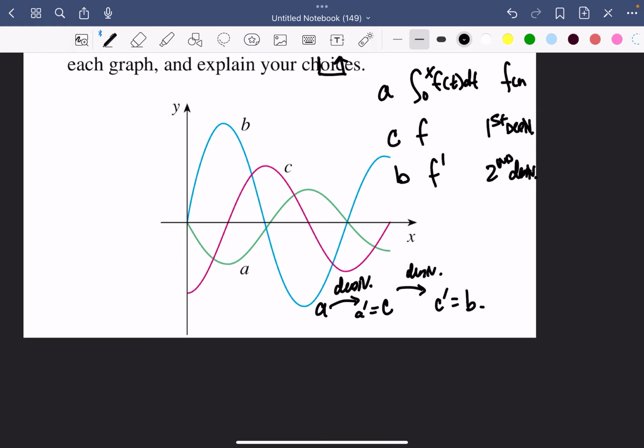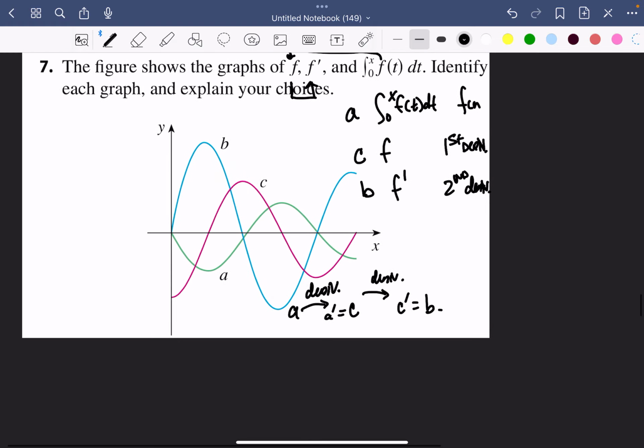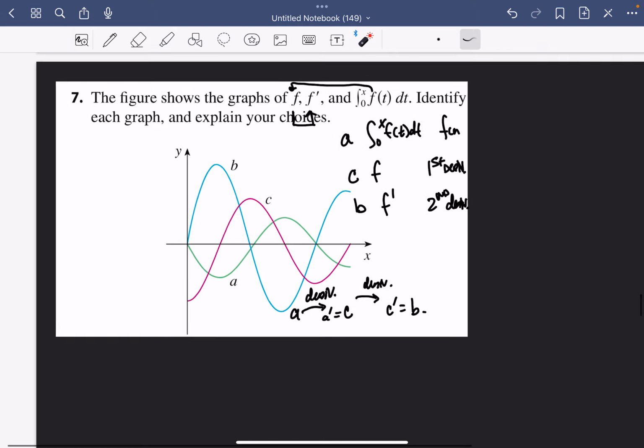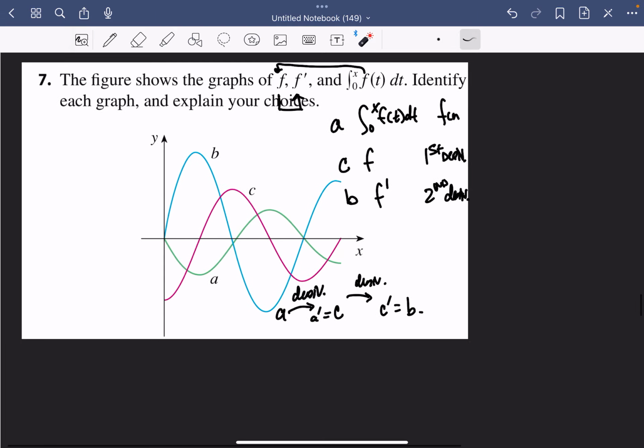What do you think? Not easy, but notice the easiest way to think about it was just find out where one has a peak or a valley, something else has to have a zero. You can do a more complex and detailed analysis, thinking about increasing, decreasing, and concavity, if that floats your boat.